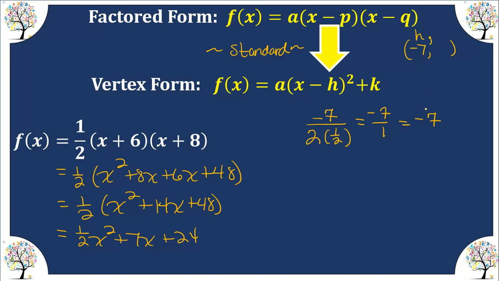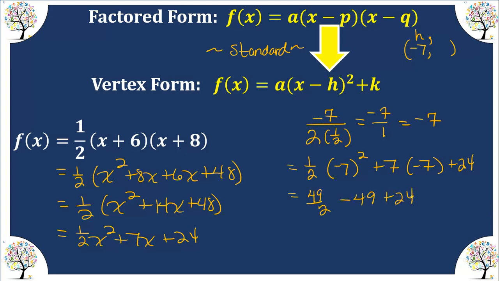Then we plug in negative 7 into the function. 1/2 negative 7 squared plus 7 times negative 7 plus 24. We square 7, that's 49, times 1/2, minus 49 plus 24.